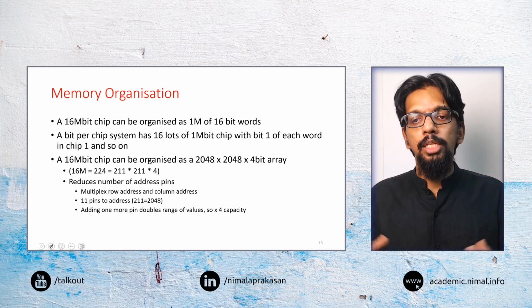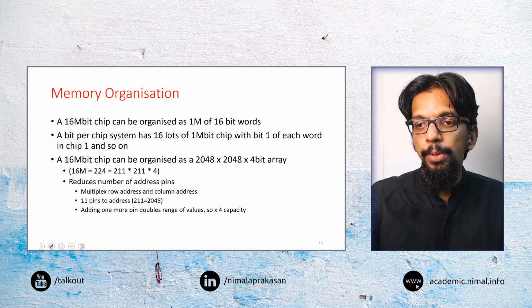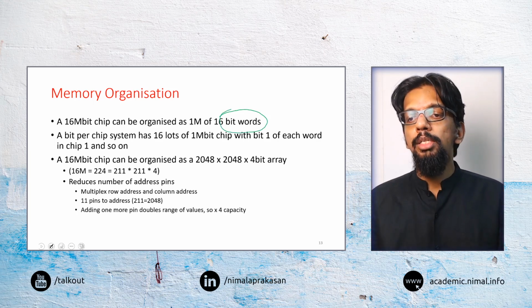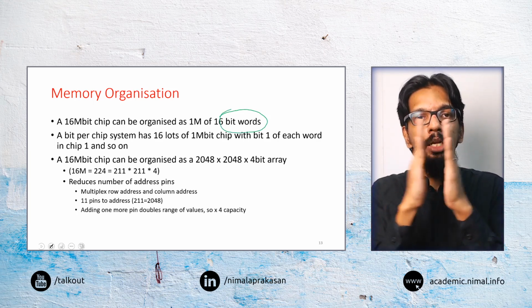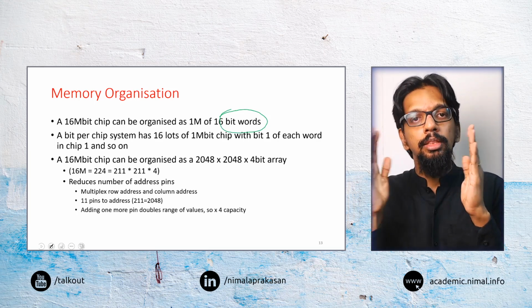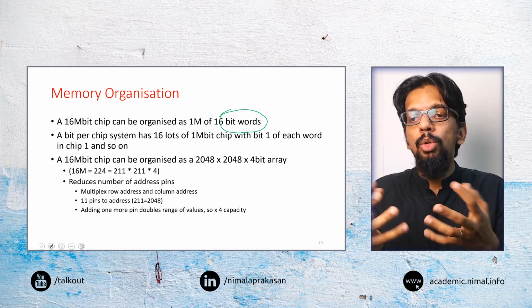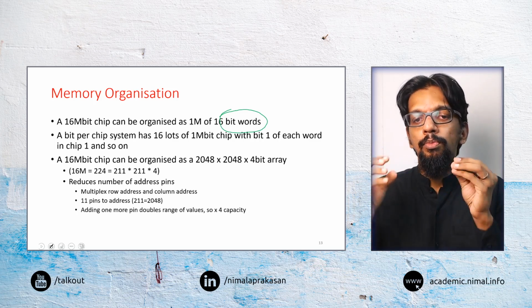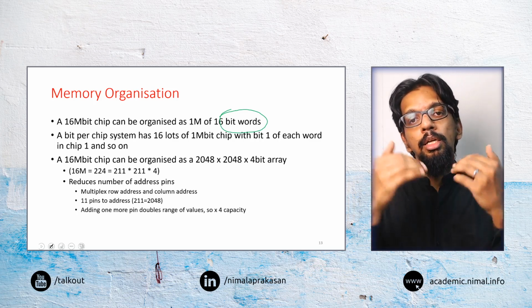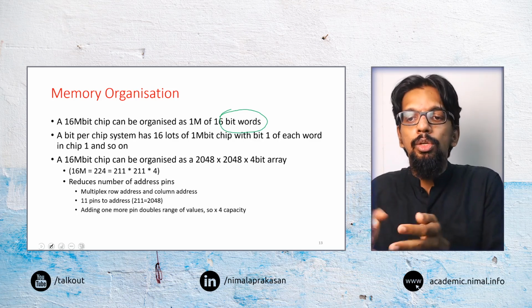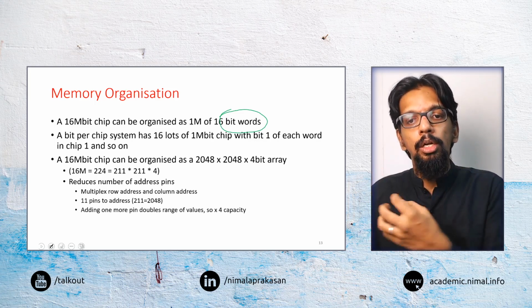One of the ways that we would organize these memories is using what is called bit words. Bit words are basically a particular length of bits that are grouped together. Say for example, if we do a 16-bit word, we will divide the 16 million bits into 1 million word units.